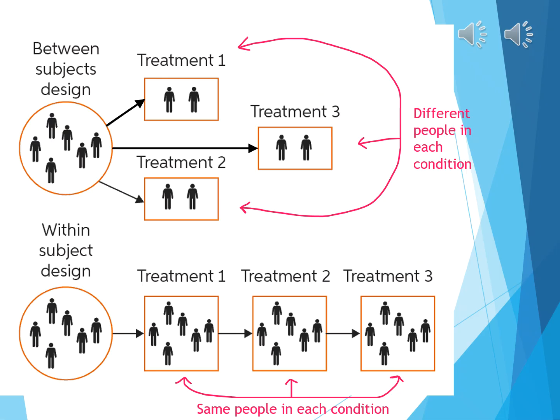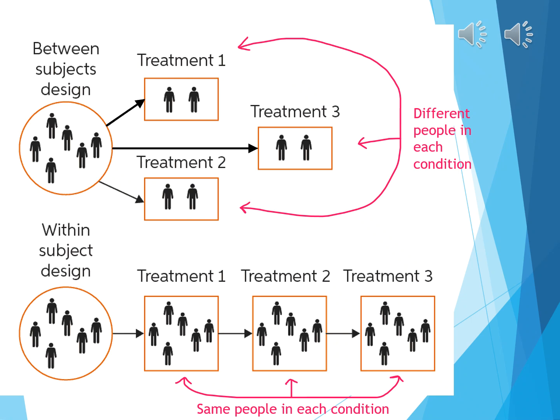Versus a between subjects design, where you've got a pool of people, your sample, and you split that sample into different groups of people. So treatment 1, who is experiencing the drug to lower anxiety, that's one group of people. That's a subset of your sample. Treatment 2, which would be the talk therapy, that's a separate group of people.